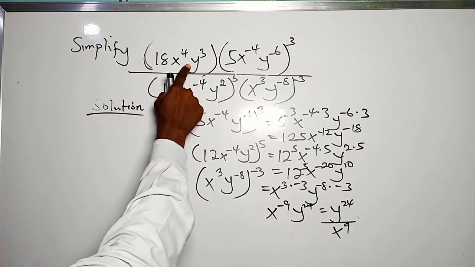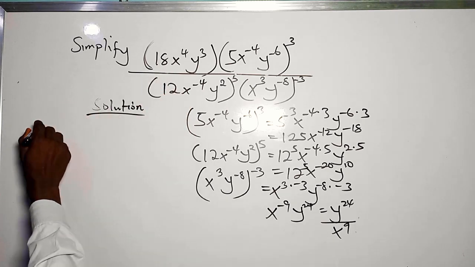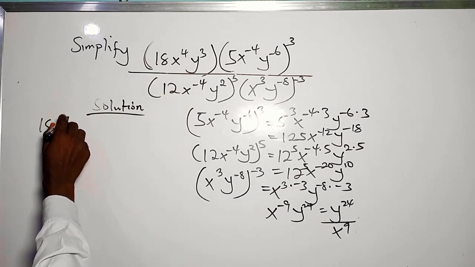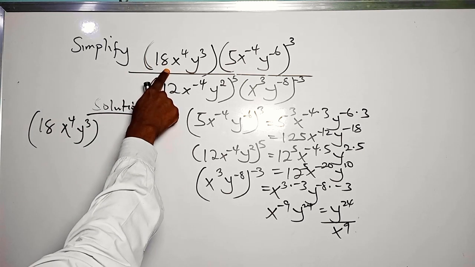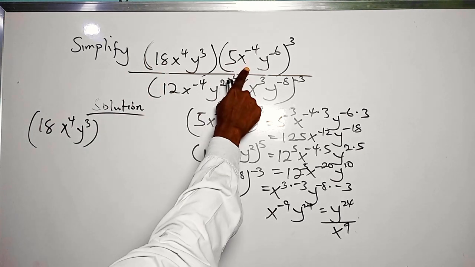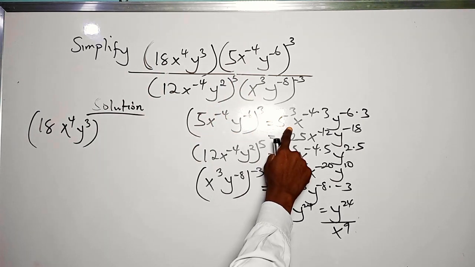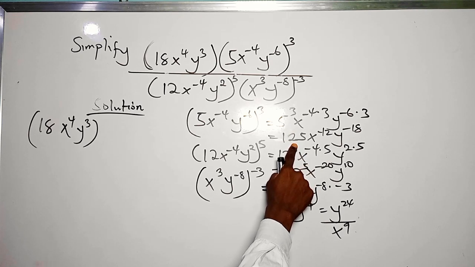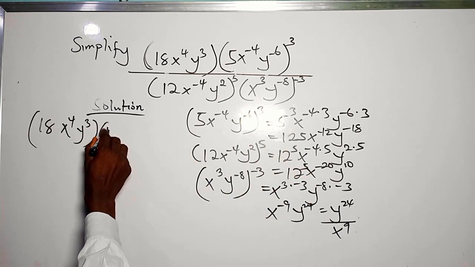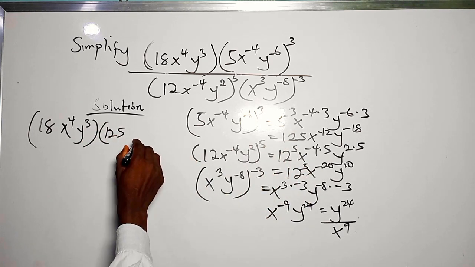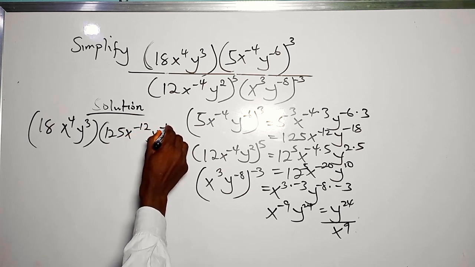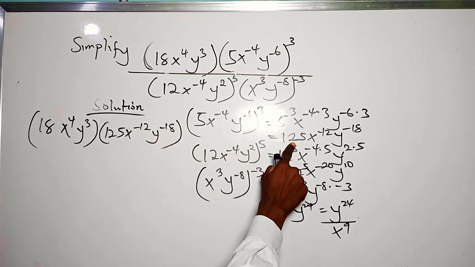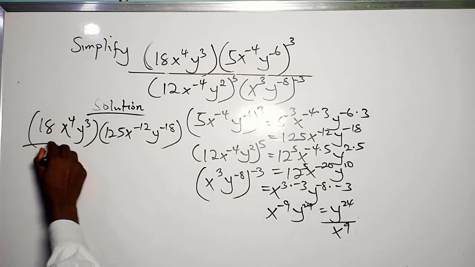So coming back here, at the numerator we have 18x^4y^3 in the first bracket. The result of this is 125x^-12y^-18, which is this, divided by.